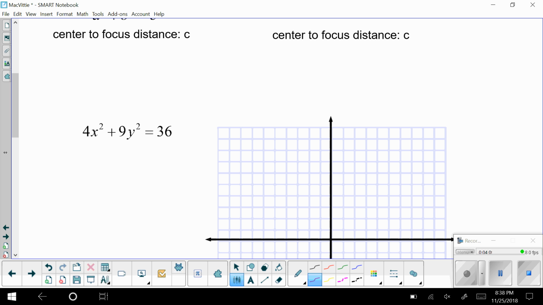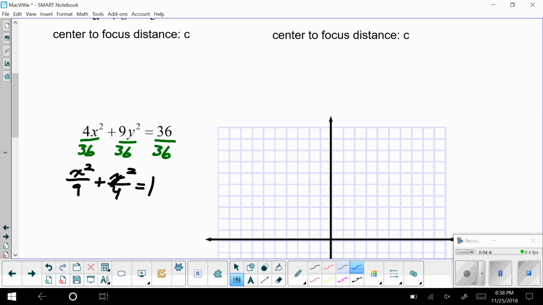And to be an ellipse, I want an x squared and a y squared both being added together, but they have to equal 1. So to get it in the form I need, I have to divide everything by this 36 in order to get to the vertex or center form. So that would give me x squared over 9 plus y squared over 4 equals 1.